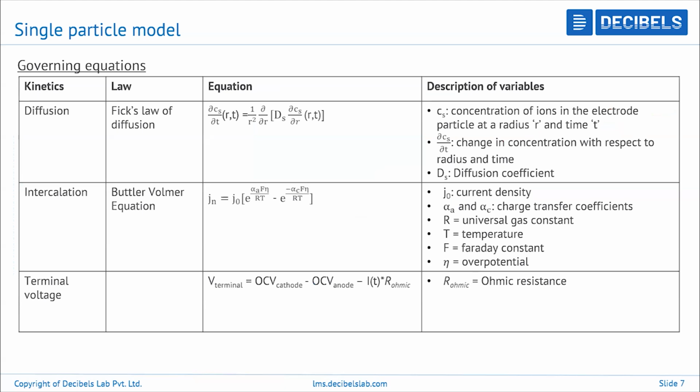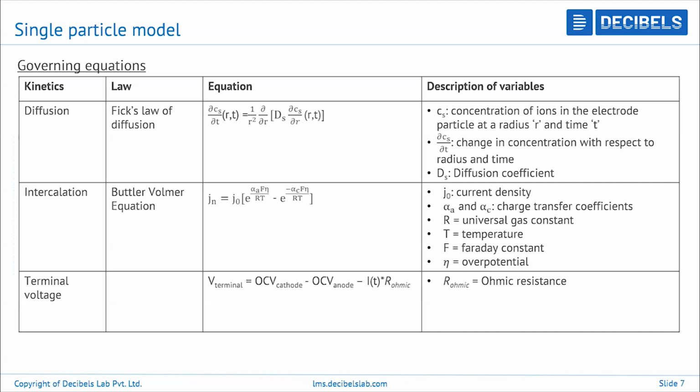As I explained before, Fick's law of diffusion is the main governing law for the diffusion that happens within the cell. Again, that is the movement of ions from high concentration to low concentration. Fick's law explains this in a simple way. It says the change in ionic concentration is proportional to the gradient of ion concentration.